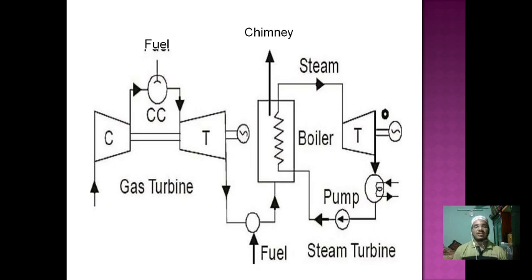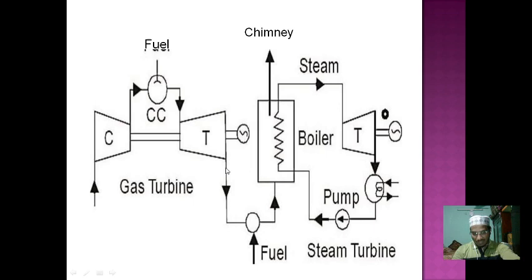In the gas turbine cycle, we are inserting the fuel into the combustion, and here we are entering air, and then it becomes an air-fuel mixture, and it is heated, and then the heated gas goes to the turbine, and then produces energy for the generator. This is your generator.